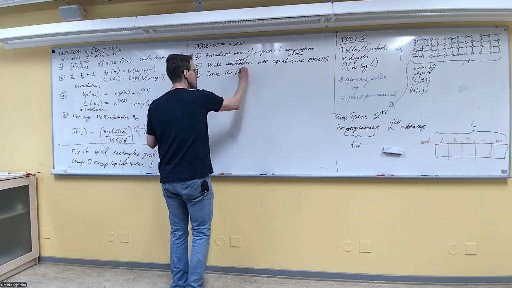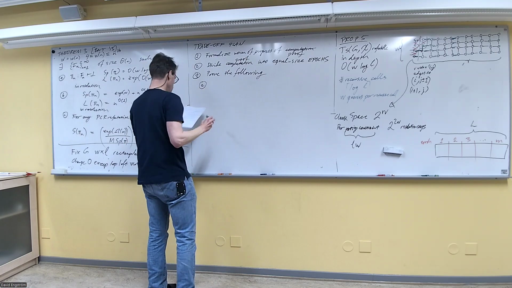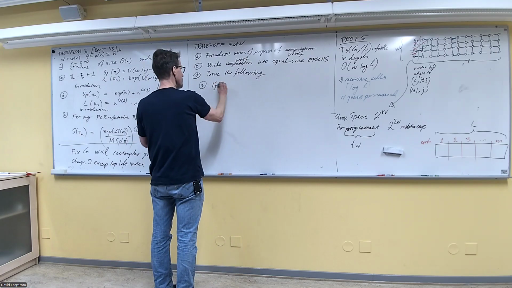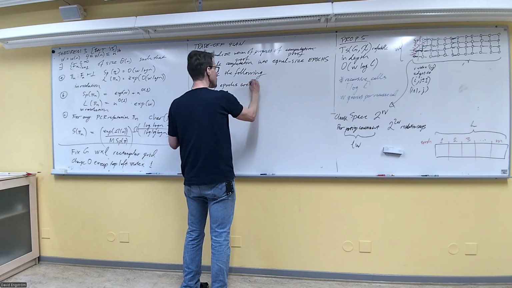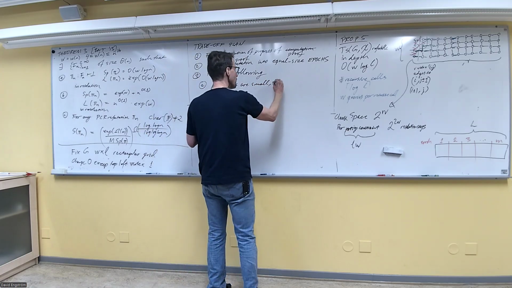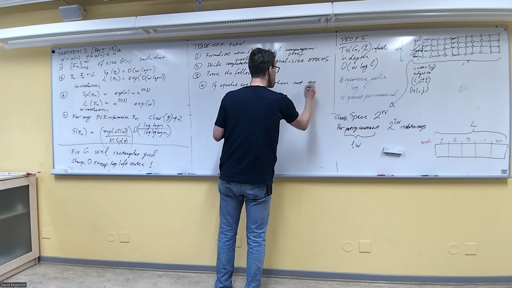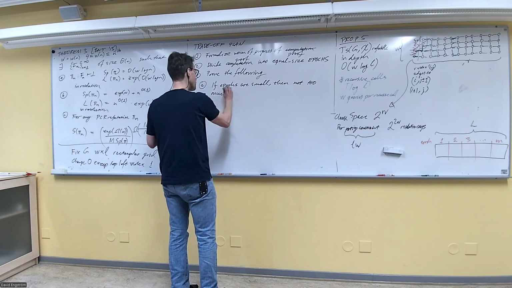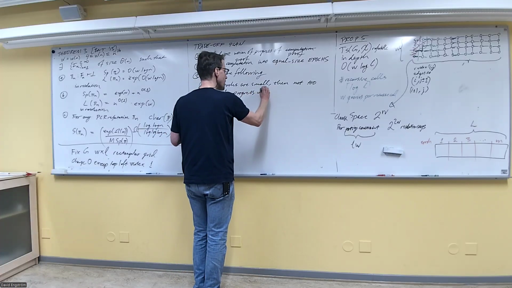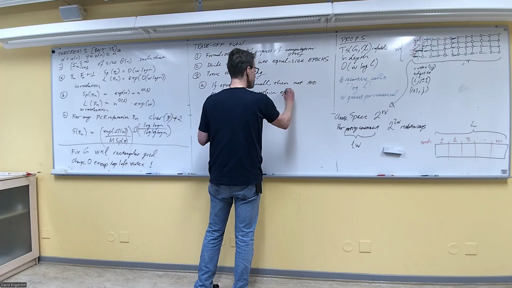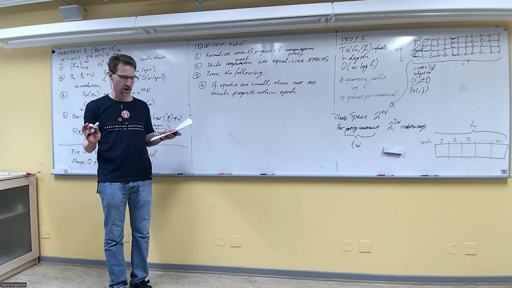So now we want to prove something like the following. If the epochs are small, then there's no time to make progress. There is not too much progress within an epoch, because there's just not time to make enough of it.